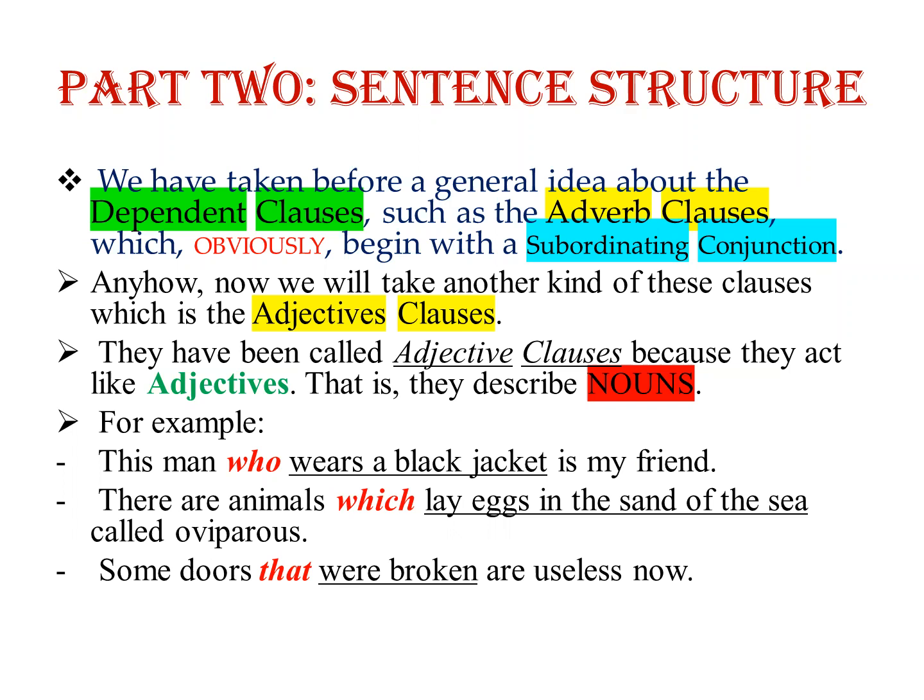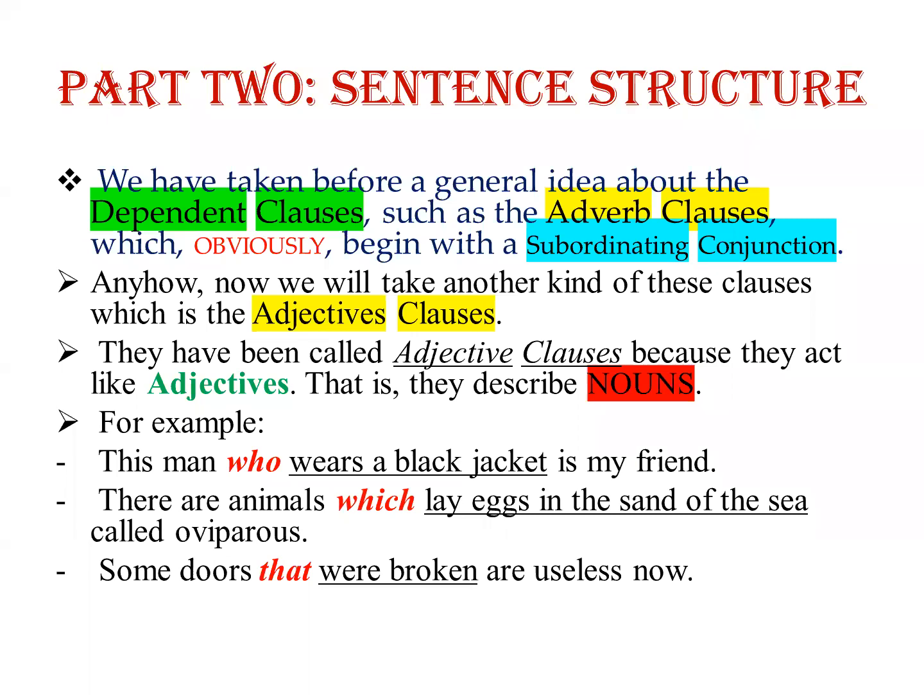For instance, in the second example, which lay eggs in the sand of the sea, this adjective clause is not necessary. Whether you say it or not, it is still obvious, because oviparous animals are known animals. This is the scientific name of them.